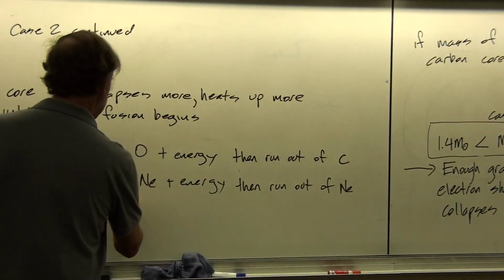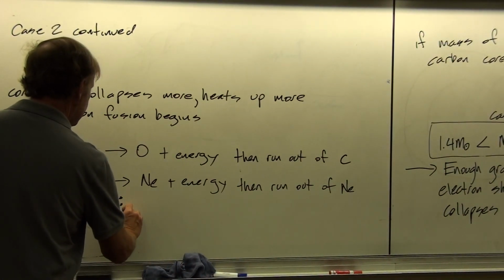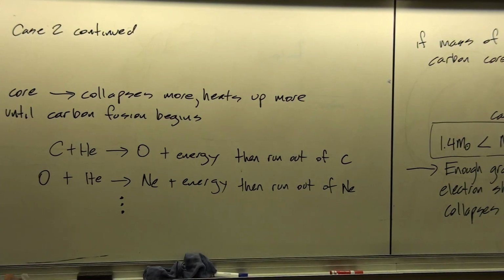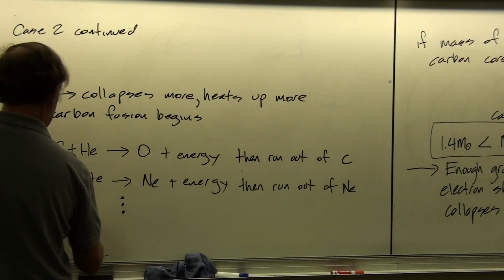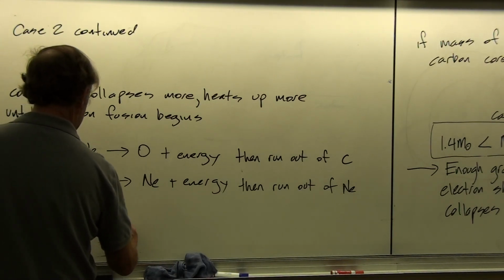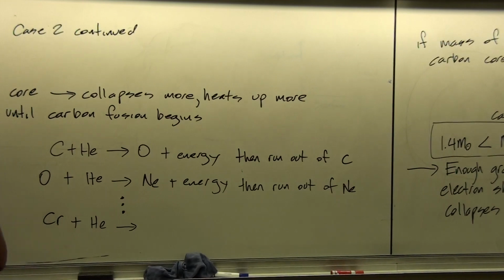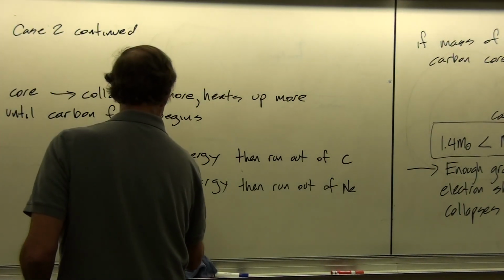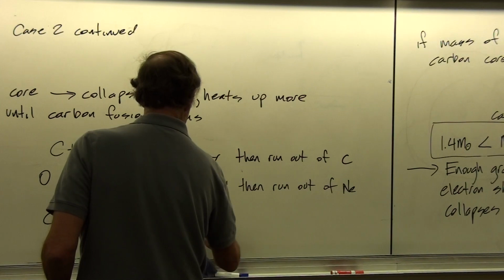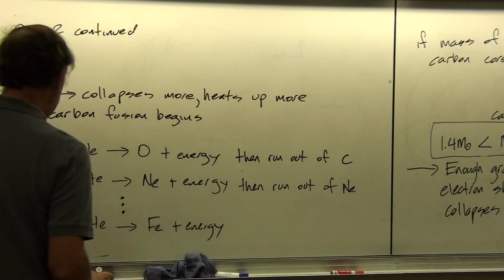And this process continues on until we get to the formation of an iron core. And so here we could have chromium plus helium. Chromium is an element that is 2 below iron on the periodic table. So this would give rise to iron plus energy. And this is the end of the line.